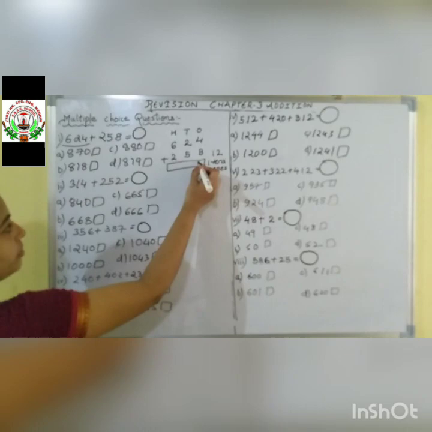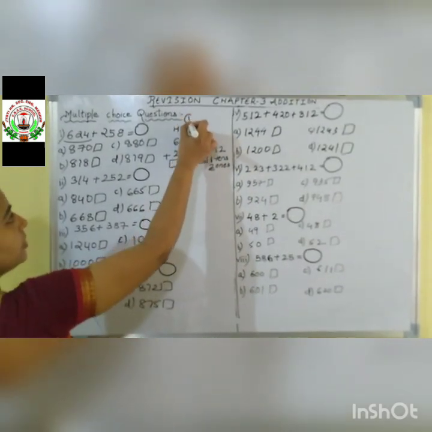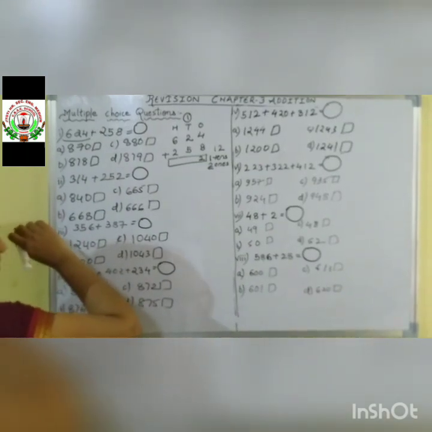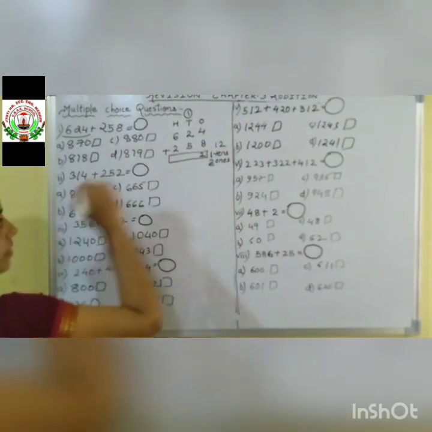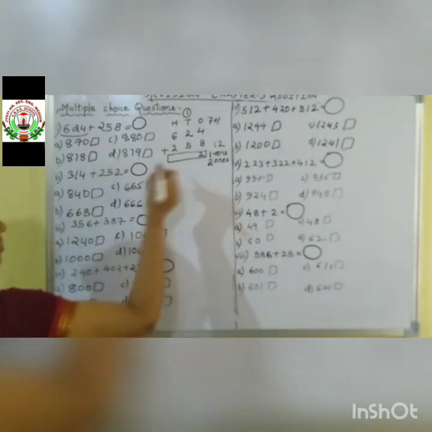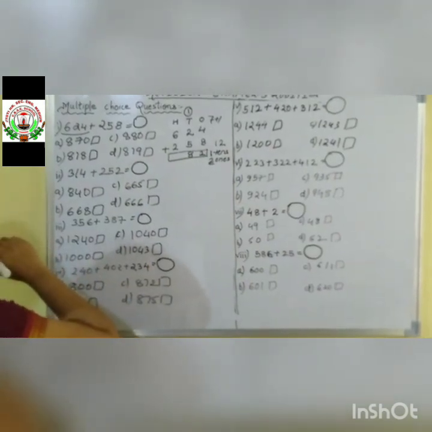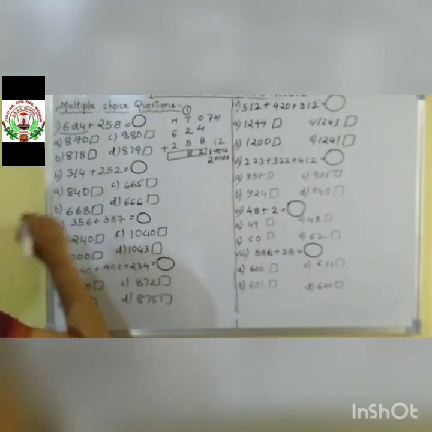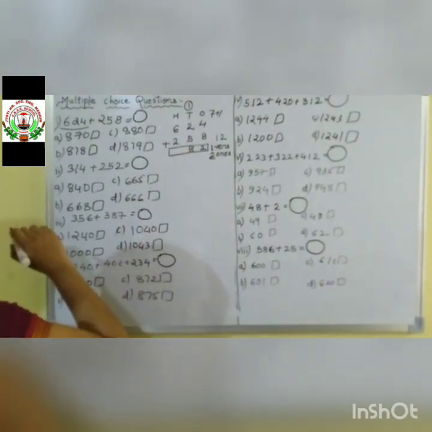These 2 will come under the ones place like this, and 1 will go over the tens place as carry. Yes? Then tens place. 2 plus 5 is 7. 7 plus 1, 8. Then 6 plus 2, 8.